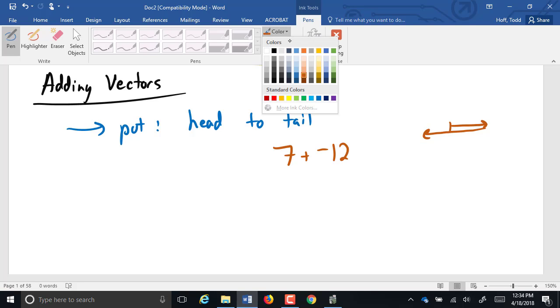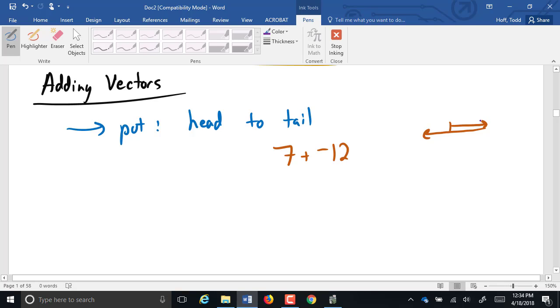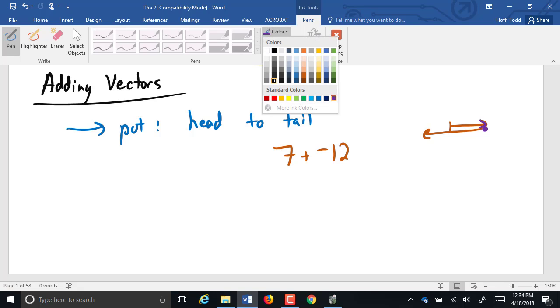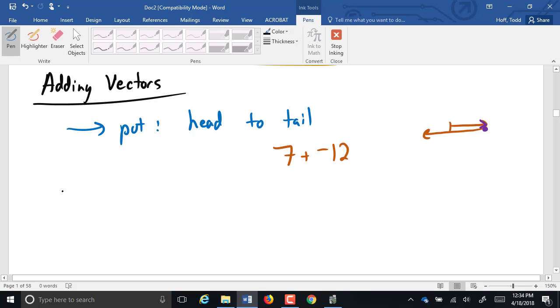Now we're in 2 dimensions, so we can go in several directions. But it's the same thing. The head of this vector went to the tail of the next vector. Let's say I have 400 pounds at 50 degrees, and I want to add to that 200 pounds at 20 degrees.